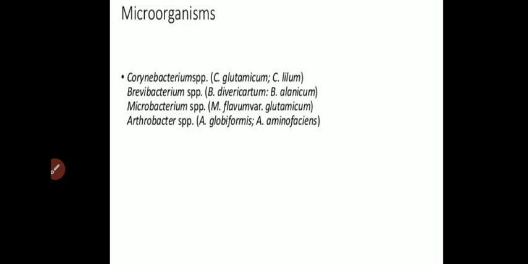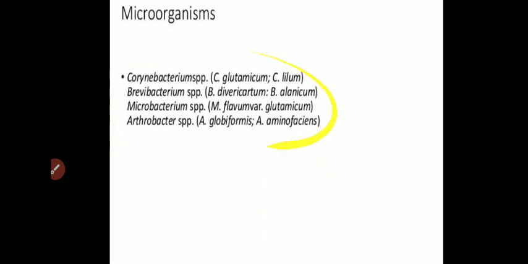Then different Microbacterium species like Microbacterium flavum or Microbacterium glutamicum, Arthrobacter globiformis and Arthrobacter aminofaciens are used, or can be used, for the production of glutamic acid.